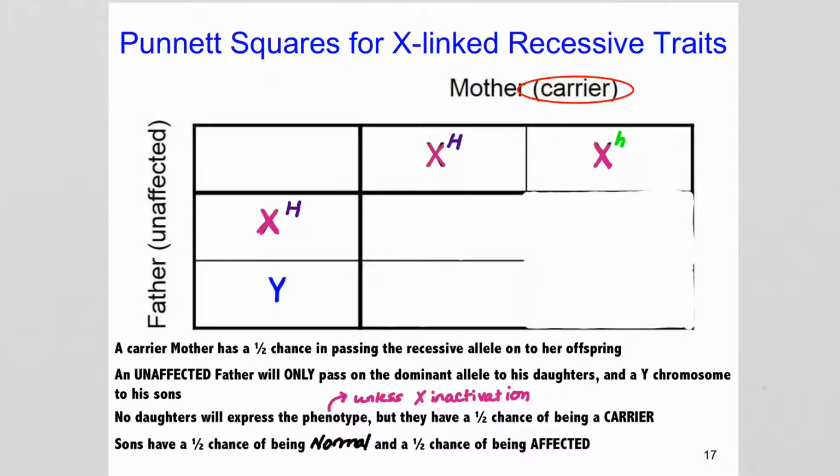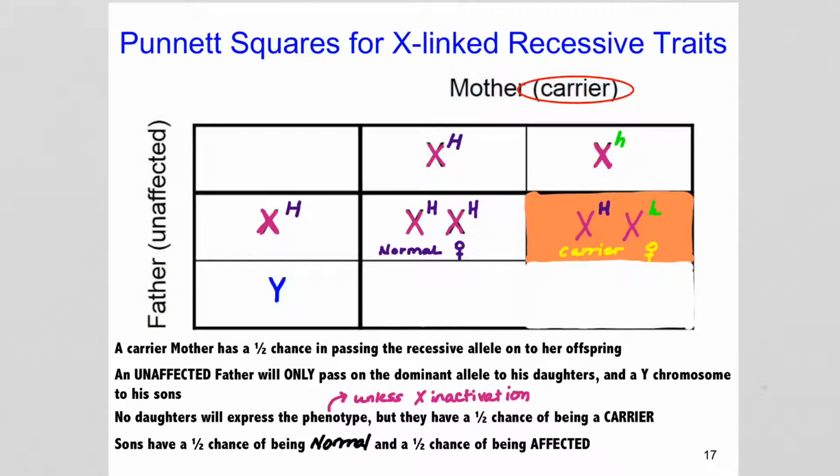Okay, so in our top leftmost square, we pass on both of these normal functioning H alleles on the X chromosome. So we end up with a female, and in this case, she would be normal functioning because she has the wild type alleles for this particular gene of interest.